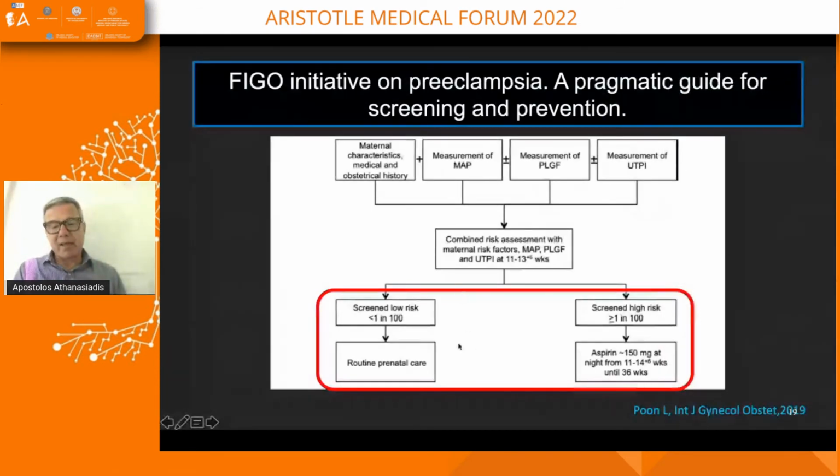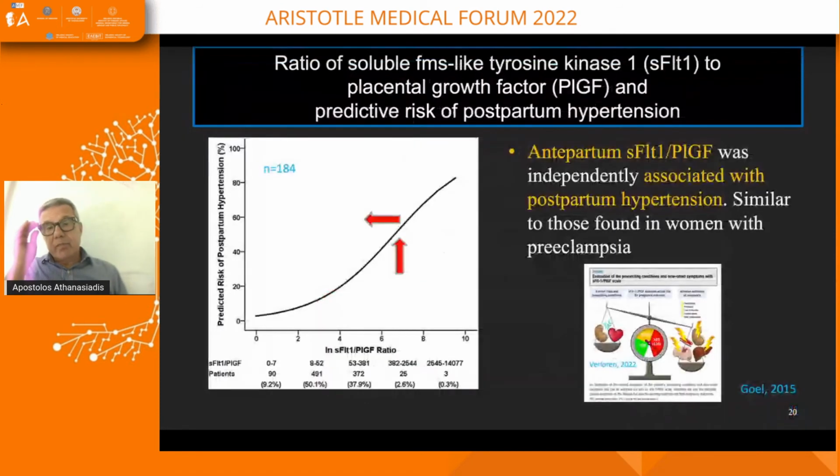But if it's high, the probability of having hypertension during pregnancy, we know that when we administer aspirin 100 to 160 milligrams from early gestation, before 16 weeks until 36 weeks, there is a possibility of 70% reduction. But this is also relevant in postpartum hypertension. The ratio was found to be increased.